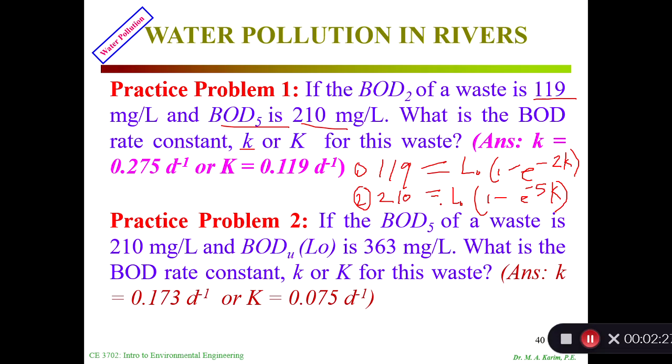To start from one point, those who took numerical methods will know this better, basically converging and diverging. First assume a value; in this case, I come up with k equal to 0.275. We can start with k equal to 0.1 and see how far the value is, then consider k equal to 0.2 and see whether it's going closer.